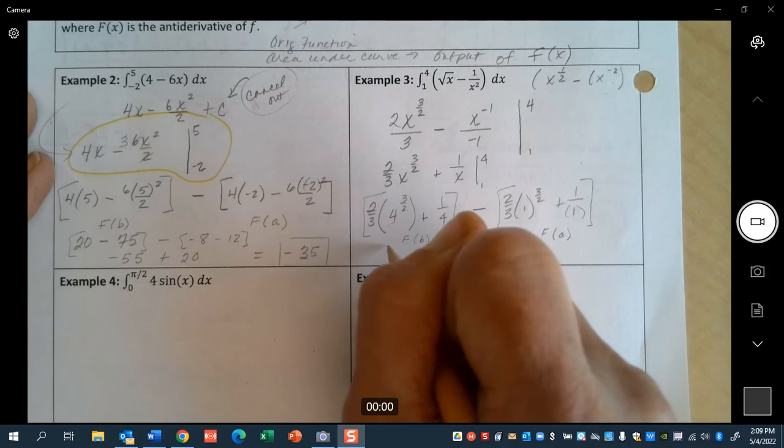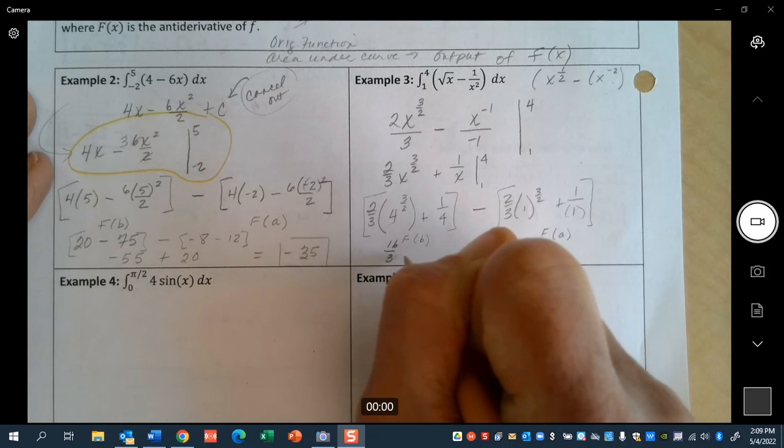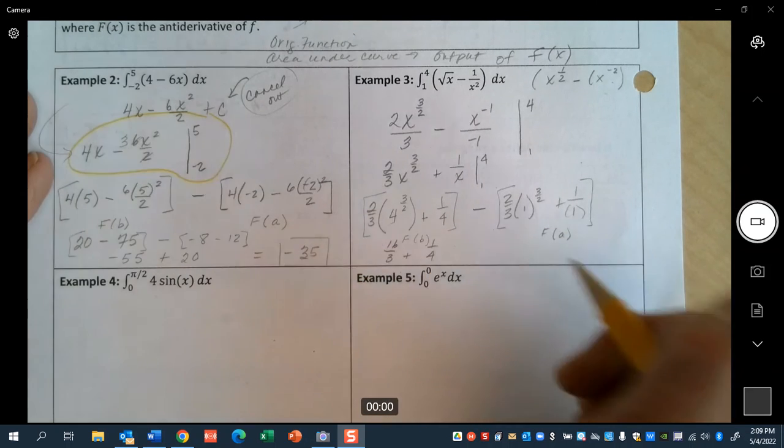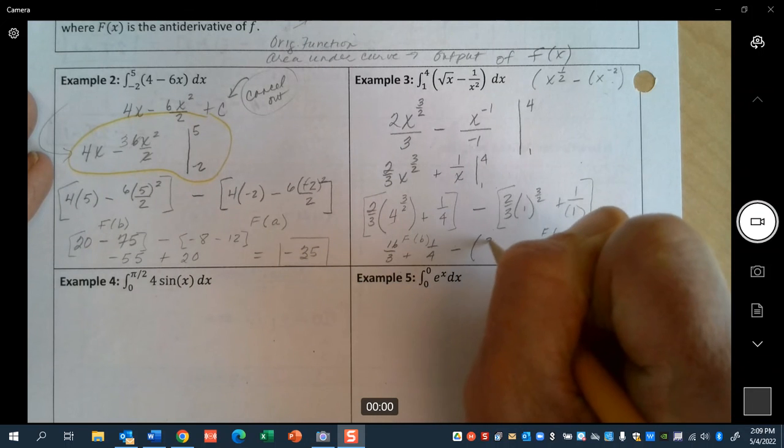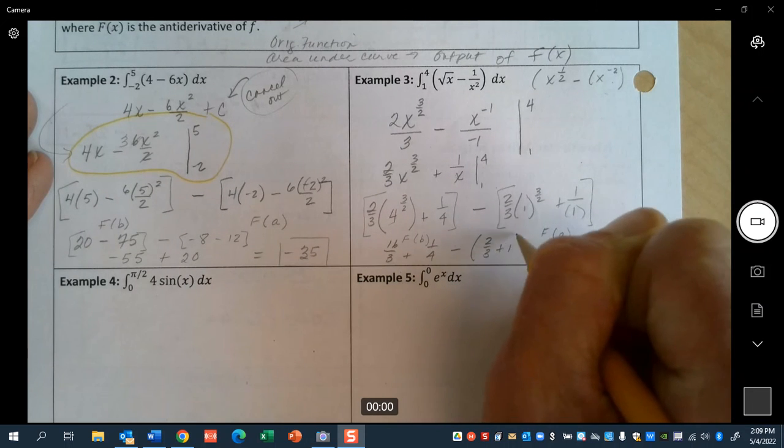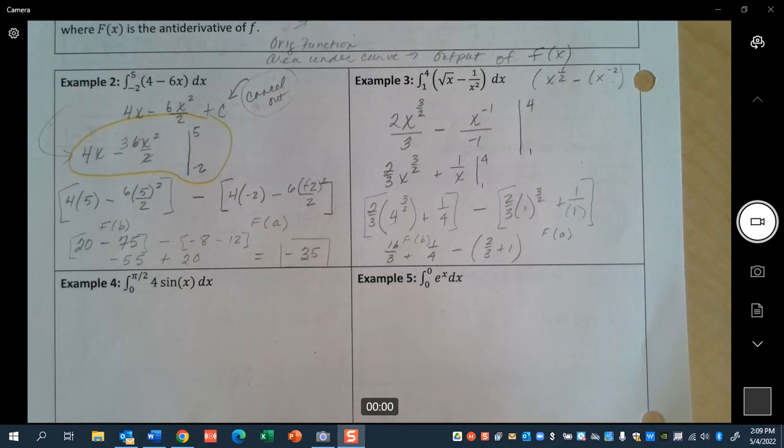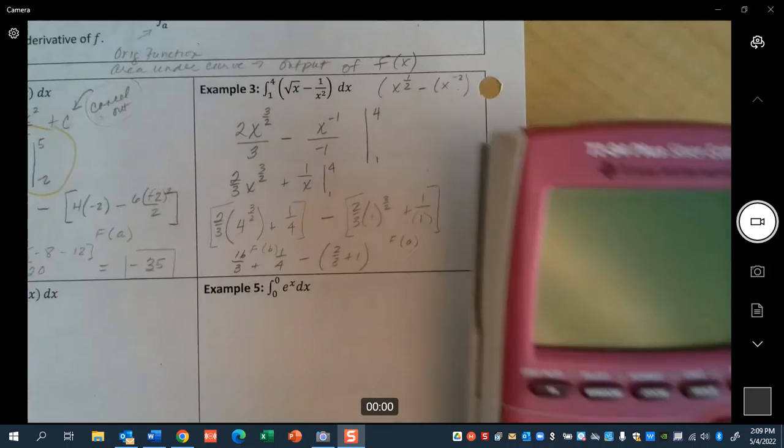2/3 of 8 is 16/3 plus 1/4 minus 2/3 plus 1. If you want to go ahead and enter that into your calculator, you're welcome to it. If you're like, the fraction math is killing me, lady, don't make me do it.